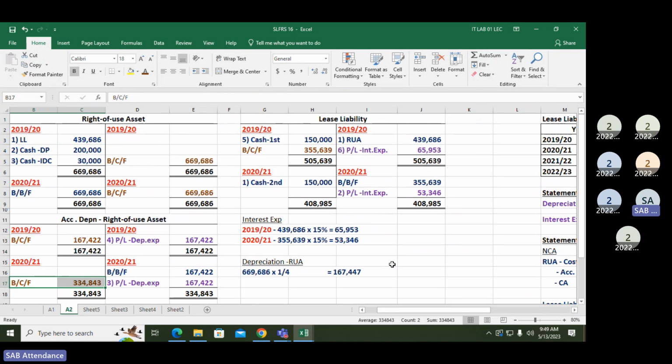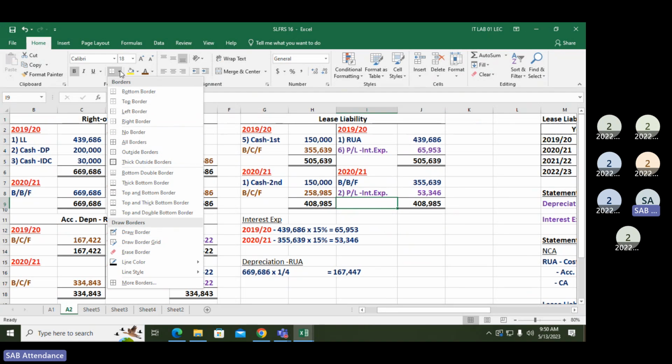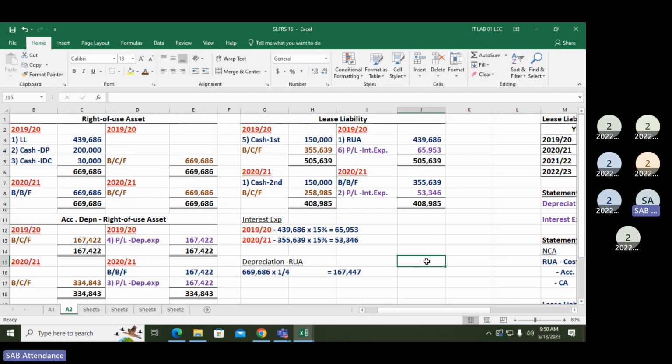And you take the balance carried forward. So we prepare this account for the 2-year period: right of use asset, lease liability, and accumulated depreciation account.